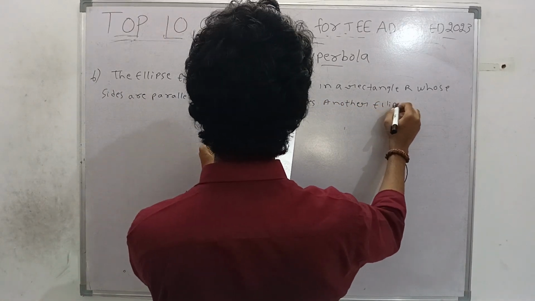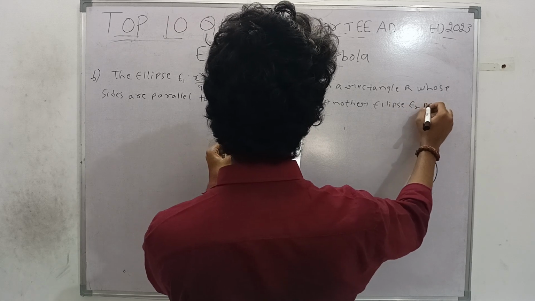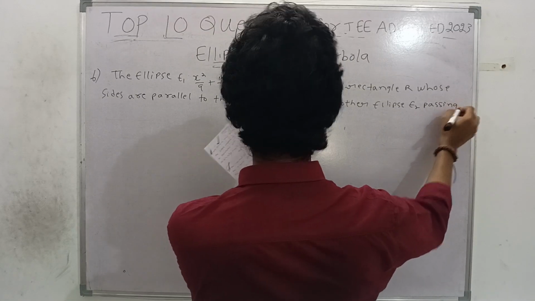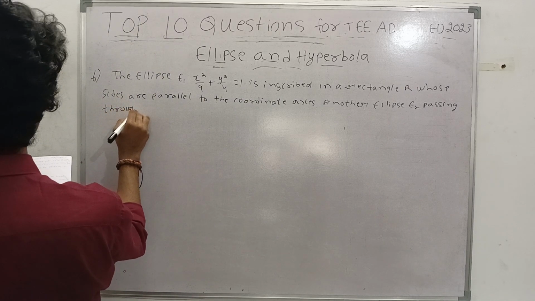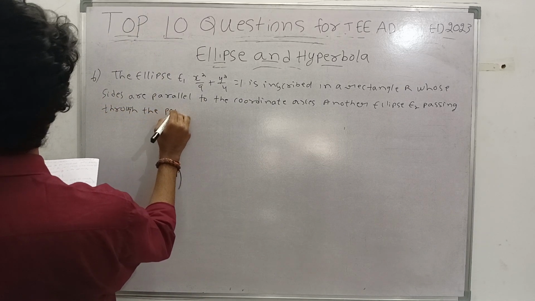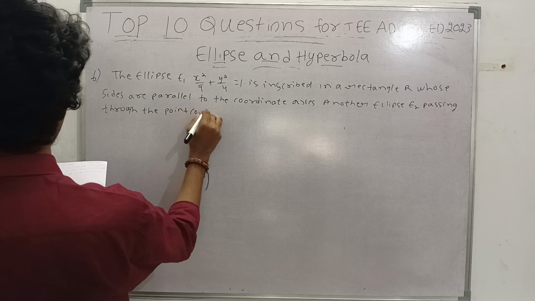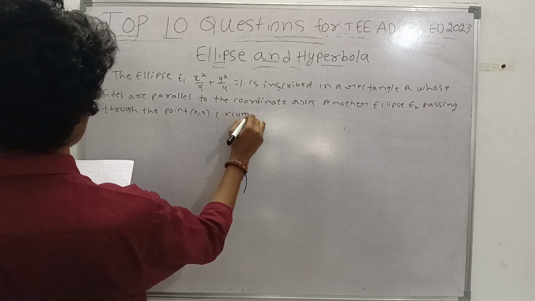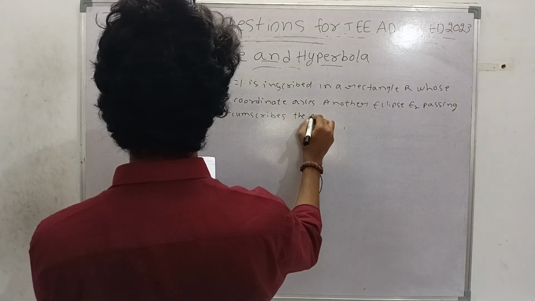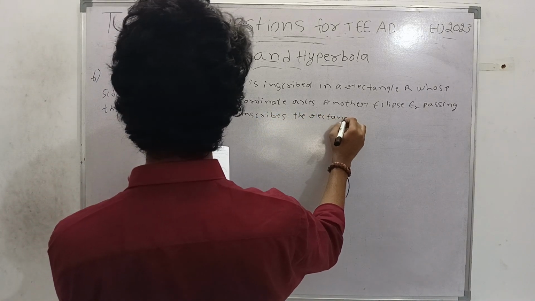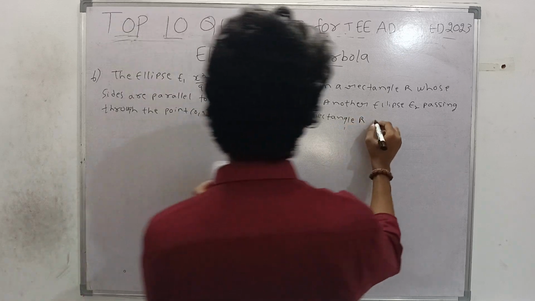Another ellipse E2 passing through the point 0, 4 circumscribes the rectangle R.